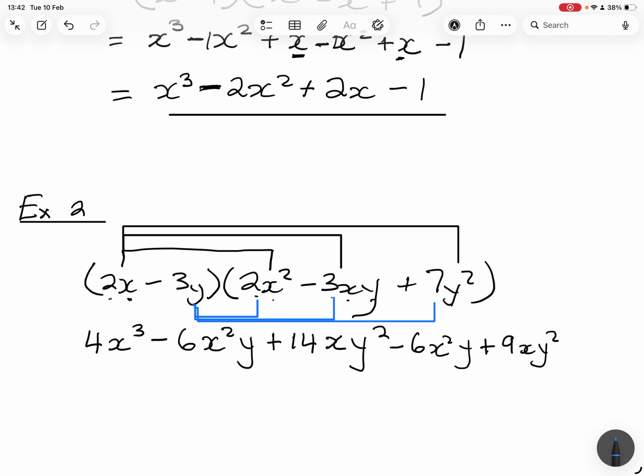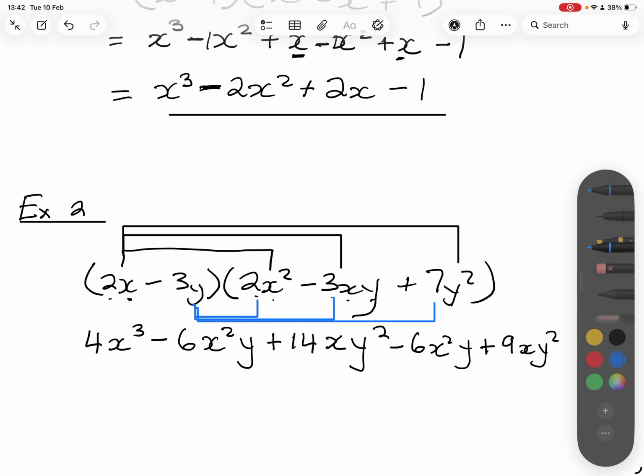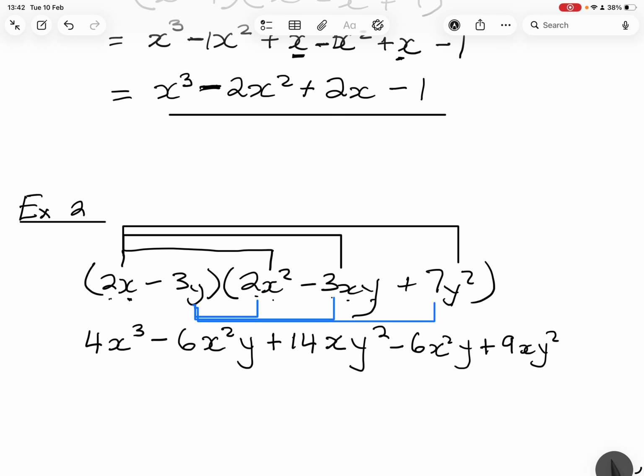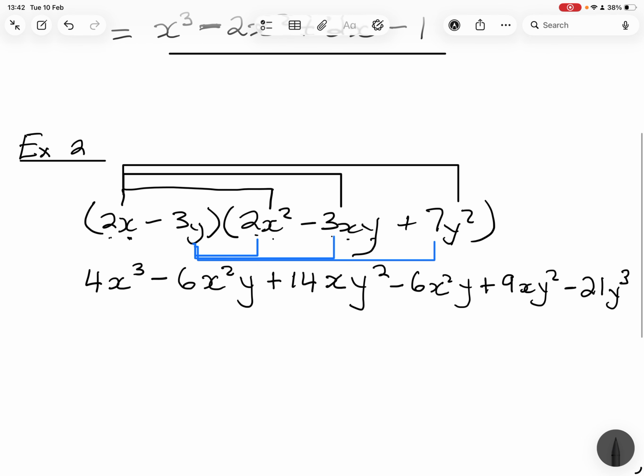So that's negative 3y multiplied by 7y squared. What does that give us? Negative times a positive would give us a negative, and 3 times 7 gives us 21, so we've got negative 21y cubed. All right, ladies and gents, all that is left for us to do is to simplify.